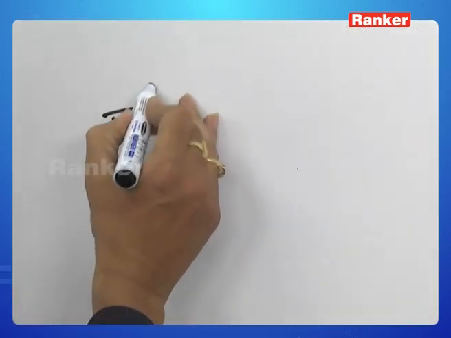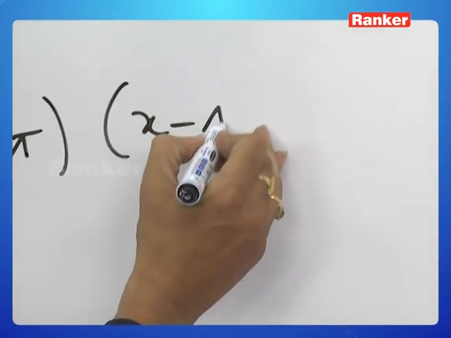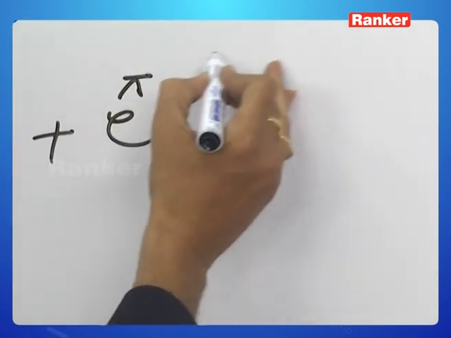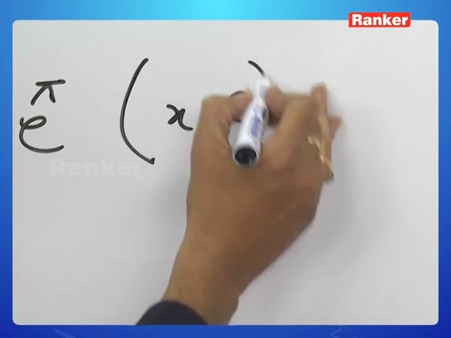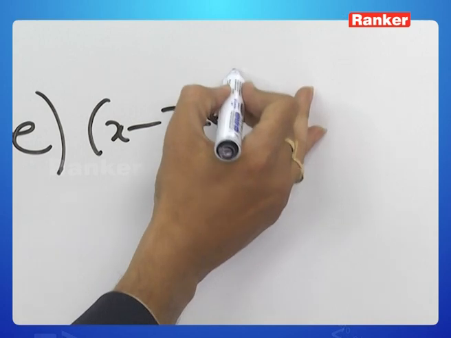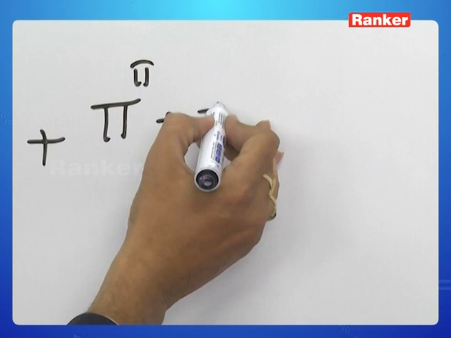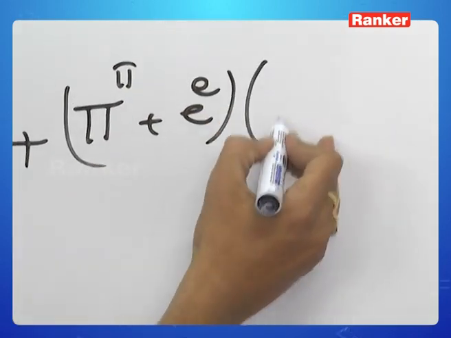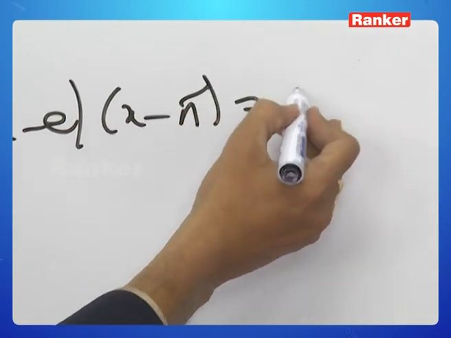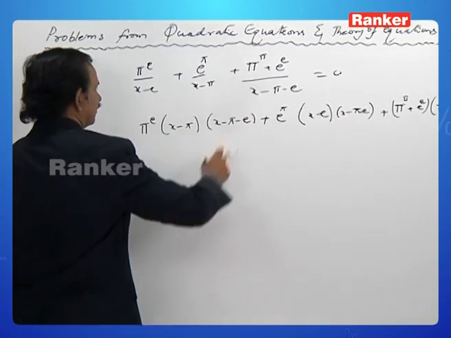Pi power e into x minus pi into x minus pi minus e plus e power pi into x minus e into x minus pi minus e plus pi power pi plus e power e into x minus e into x minus pi is equal to 0. By multiplying this with the product of x minus e into x minus pi and so on.